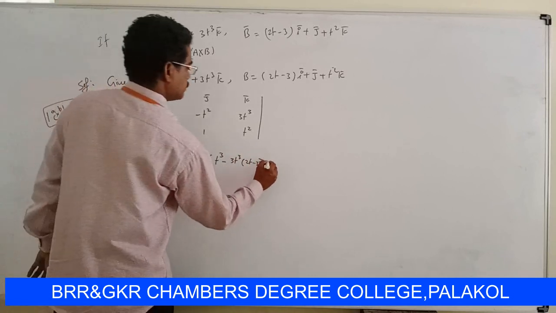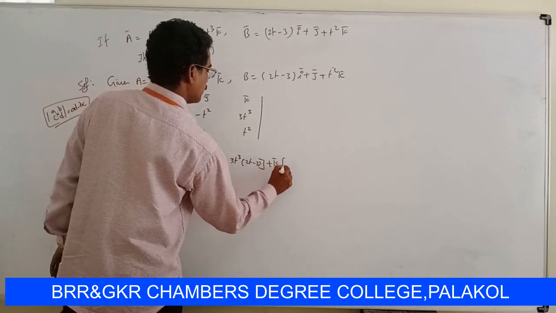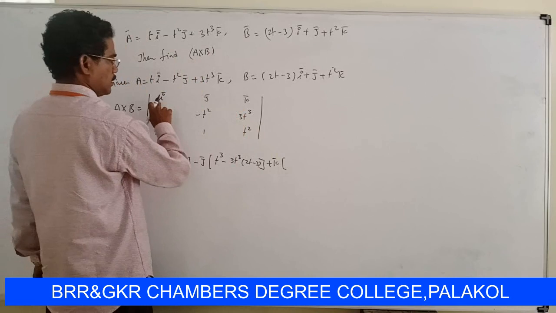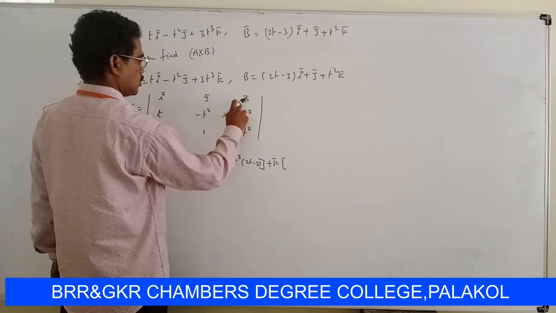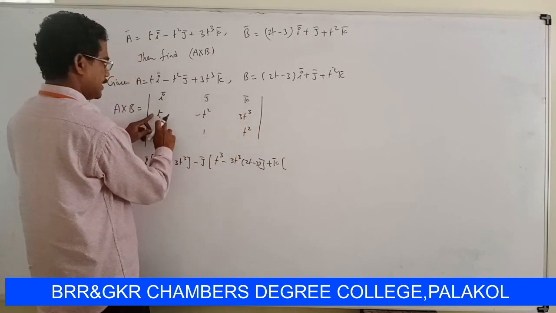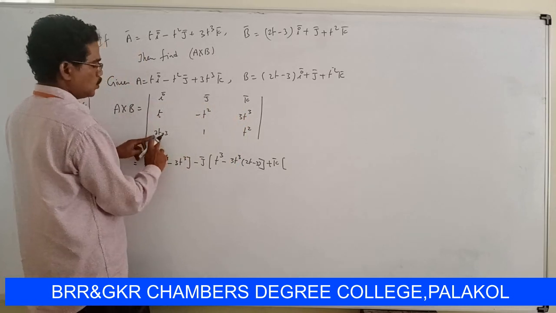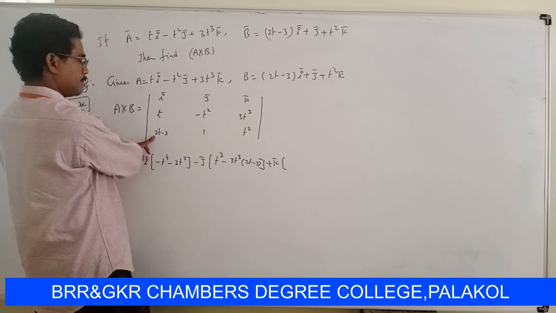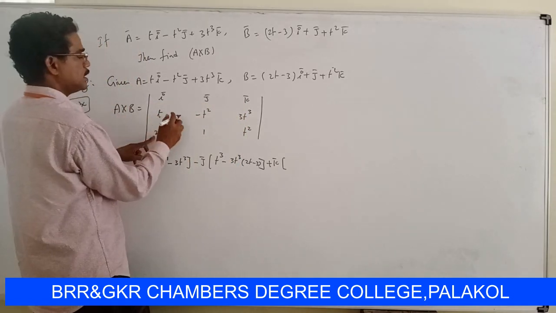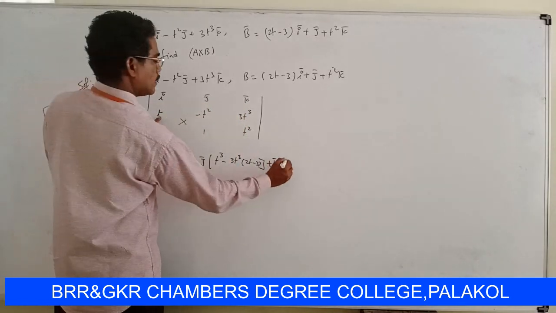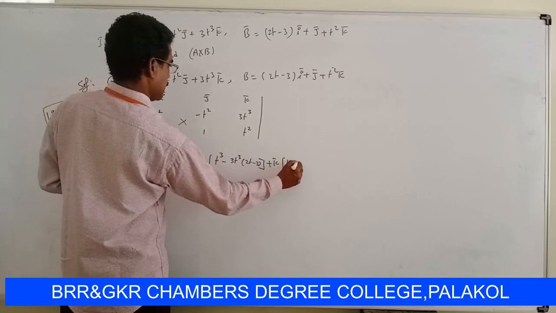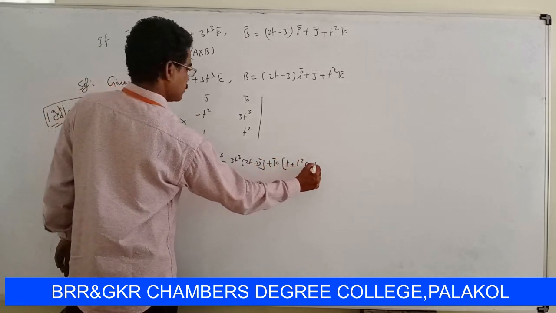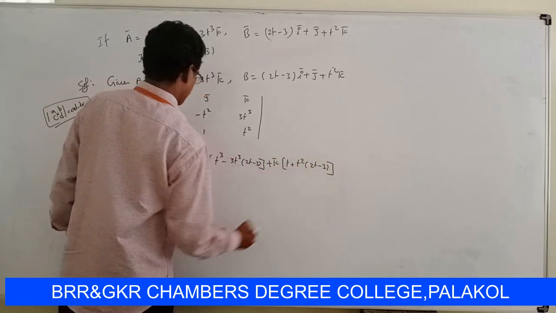Next, plus k into, neglecting the first row and third column, t, minus t square, 2t minus 3 and 1. Then again applying the formula AD minus BC, it is t plus t square into 2t minus 3.